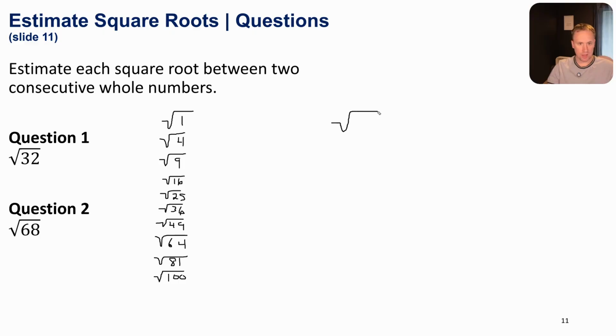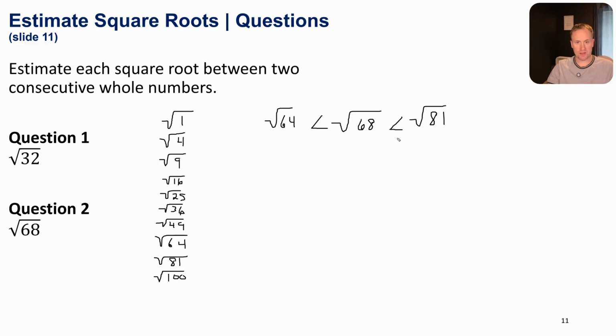Okay, so let's go ahead and put square root of 68 in the middle here, and then less than and greater than symbols. And then looking at 68, I can see that it falls in between square root of 64 and the square root of 81.